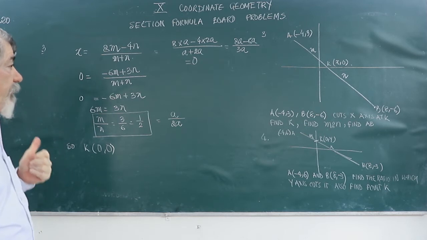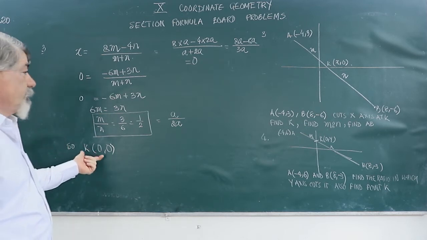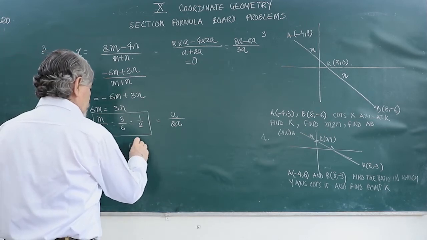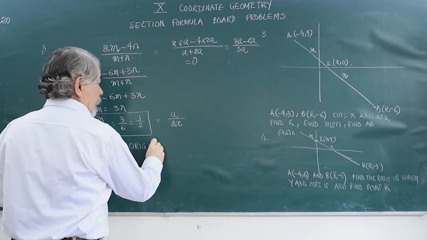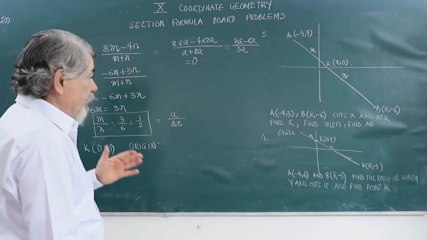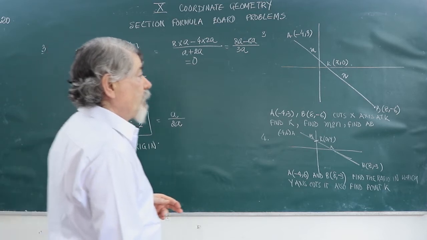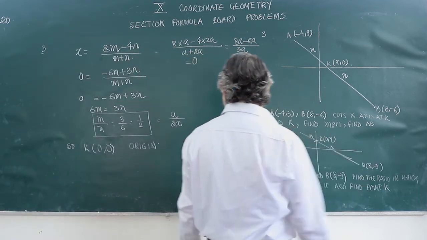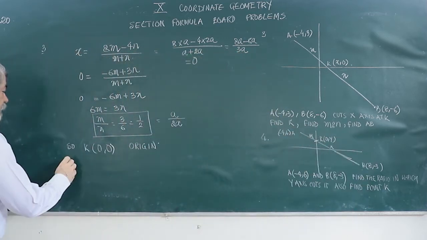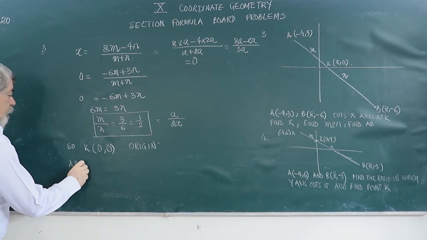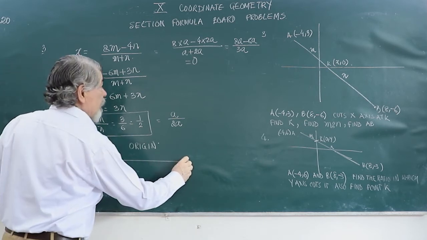The first point, find K. We have found K, 0, 0. It is the origin. We have to find m is to n. We have got m is to n. He wants the length of AB. So I can use the distance formula to calculate AB.